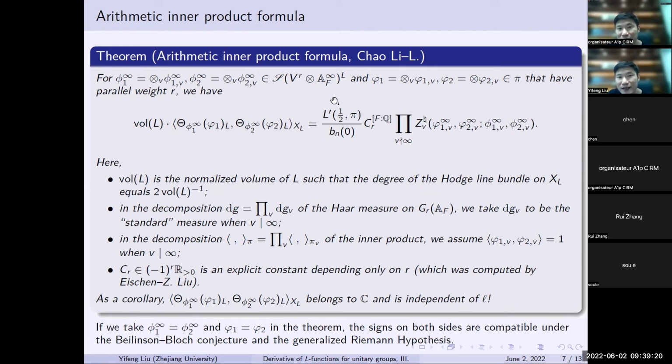Okay, so this implies that the central derivative should have sign greater than or equal to 0. That is a consequence of the generalized Riemann hypothesis. So this formula is compatible with two bigger conjectures, but we can't prove either of them. But at least this is not contradictory with these two bigger conjectures. Okay, so that's also a sign check. Any questions for this page?